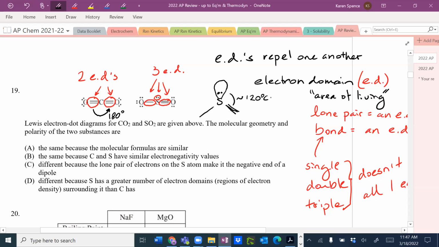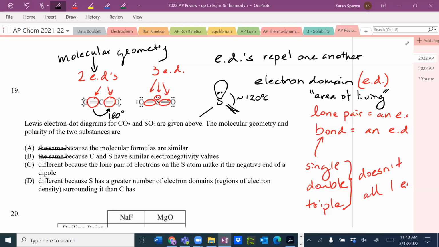So are the molecular geometries the same? The answer is no. They are not the same. By the way, what is the shape of this molecule? What is the molecular geometry? This is an easy one. It is linear, yes.